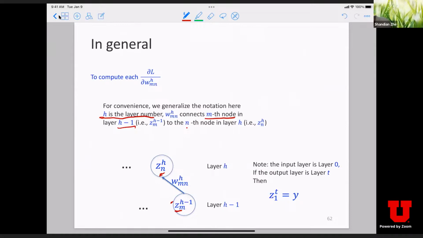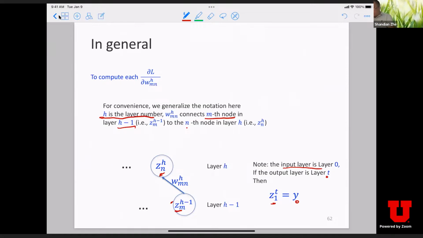For convenience, let us denote the input layer as layer 0. And if the output layer is layer T, then we index the output neuron as Z1T, so we use index 1 to index the output neuron.